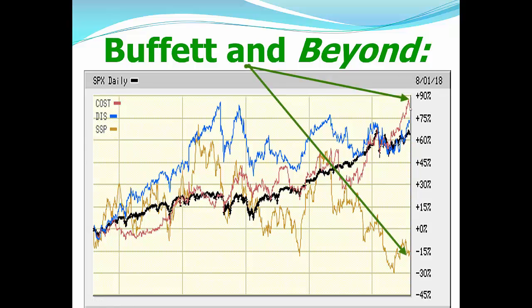So if we look at the highest and the lowest, Costco was the highest ROE in this group, and it way outperformed the S&P 500 over 5 years. Scripps had a very, very low clean surplus return on equity, and it underperformed the S&P 500 by about 90%, because the S&P was up about 65%, and Scripps was down a negative 15%.